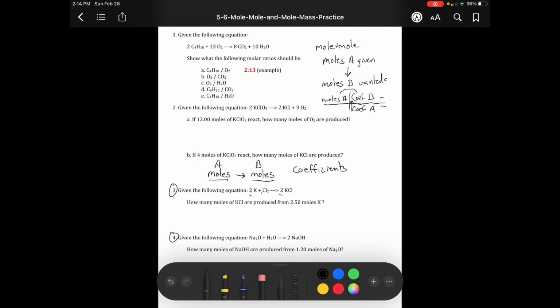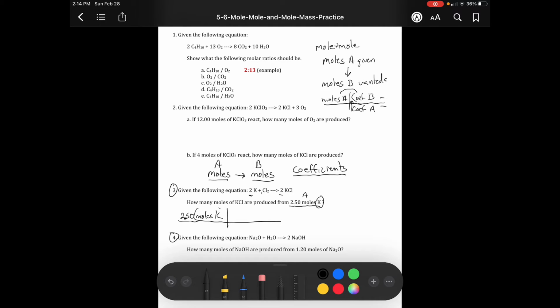So what you should have done is you should have noticed that your given is going to be substance A, which is moles K, moles potassium. So you should have just went ahead and wrote that down, 2.5 moles potassium. And then you drew your T-chart, I'm sure. And if you're going from moles to moles, you don't have to think about mass. You just use your coefficients. So at that point, you are going to use your coefficients.